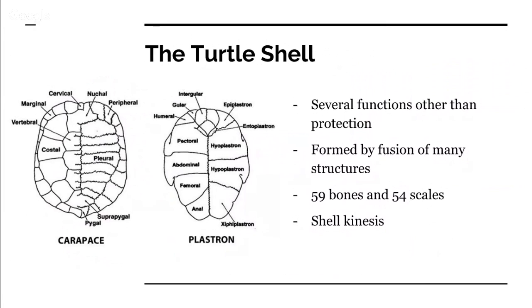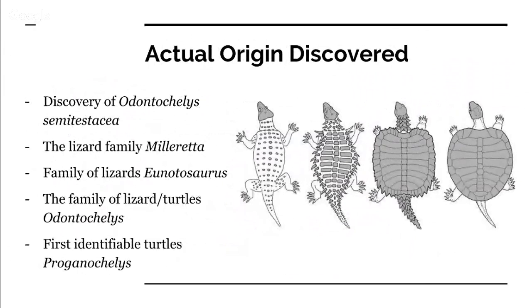And then with the lateral growth, the ribs usually follow, and that is the ensnarement of the ribs that I was talking about. They follow the dermis until they fuse with the peripheral bones right there on the lateral edges of the shell, and they eventually fuse with the plastron, or the underside of the shell. So here's your actual origin discovered for the turtles.